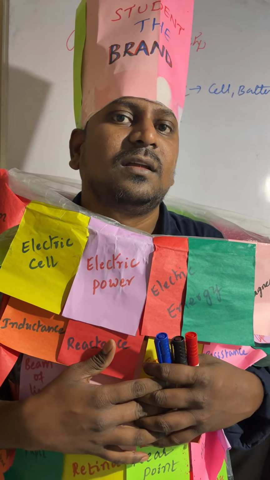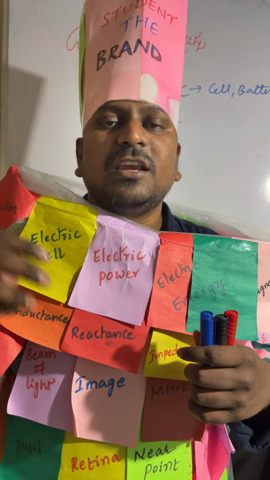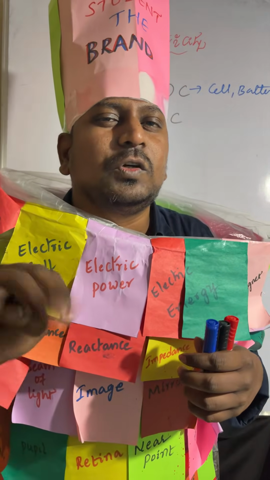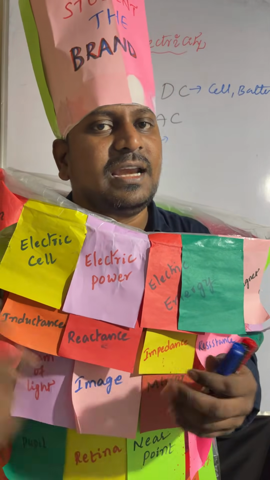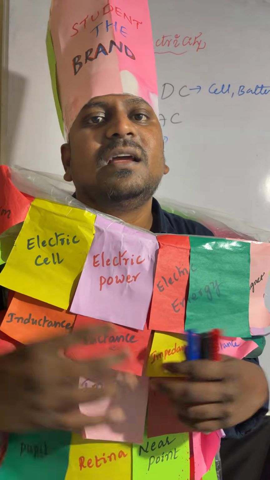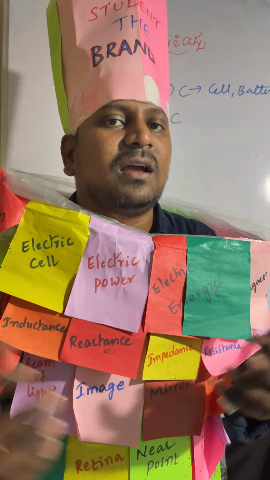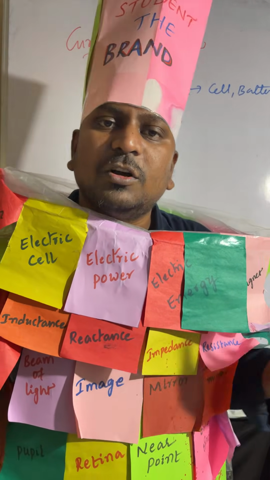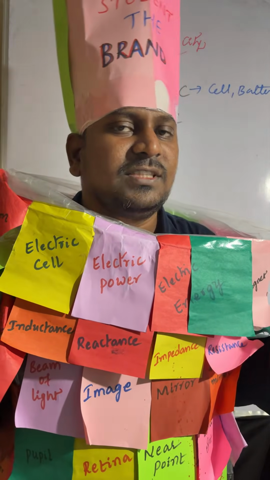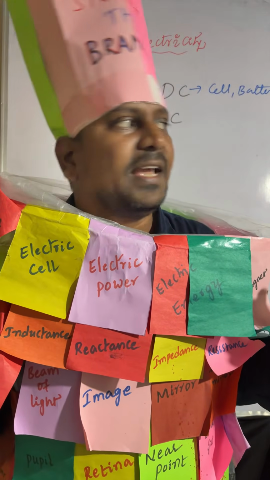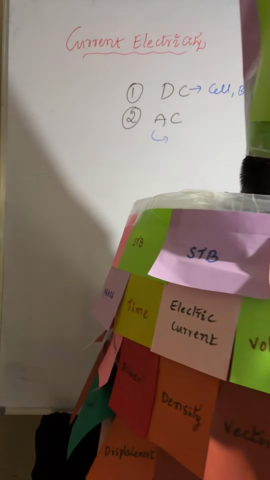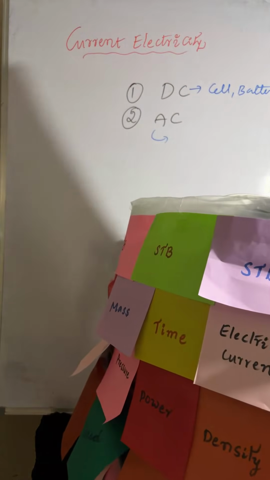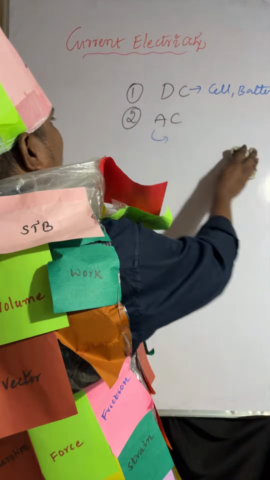Based on magnitude and direction, current can be divided into two types: direct current and alternating current. Direct current examples: cell, battery, DC dynamo. In AC current, both magnitude and direction change with respect to time. Example: AC dynamo. I hope it is very clear.